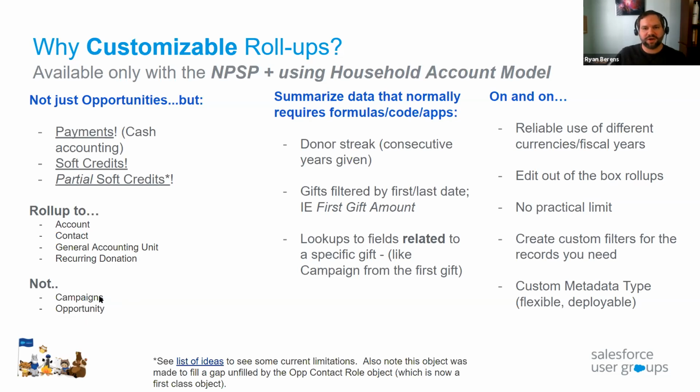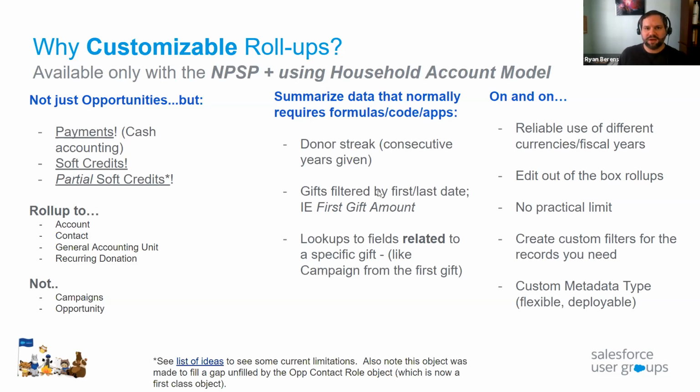Depending on your use case, you can probably use standard rollups or other aspects of Salesforce to get information from related records to the opportunity or campaign. The customizable rollups are structured to take information from these 4 objects: opportunities, payments, soft credits, and partial soft credits, and bring them up to the account, contact, and these 2 custom objects. It adds some new functionality.